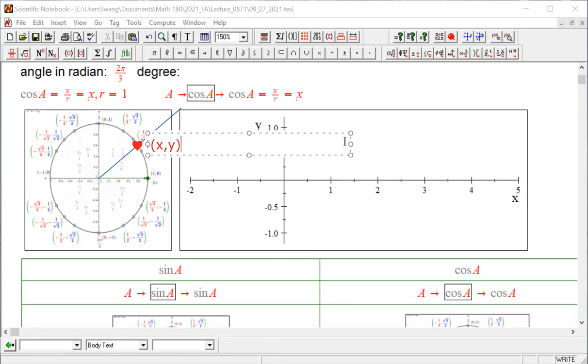X is the red. Oops. Come on. Why did you change the color without telling me, right? This is x. And those are the y.